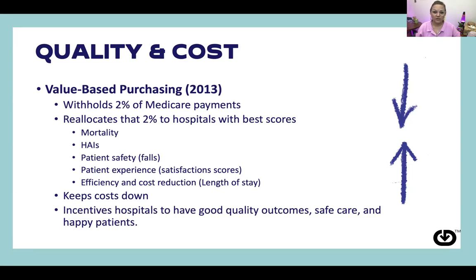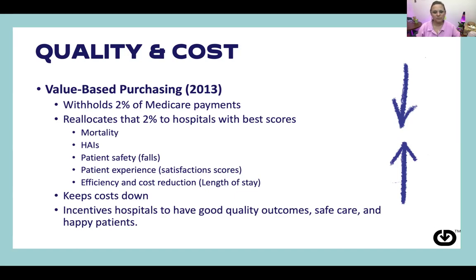the best scores. Hospital scores look at things like mortality rates, healthcare-acquired infections, getting pressure ulcers or catheter infections in the hospital, patient falls, patient experience, how happy are your patients, and efficiency and cost reduction, specifically length of stay. Are patients staying in the hospital the amount of time we think they should based on their diagnosis?